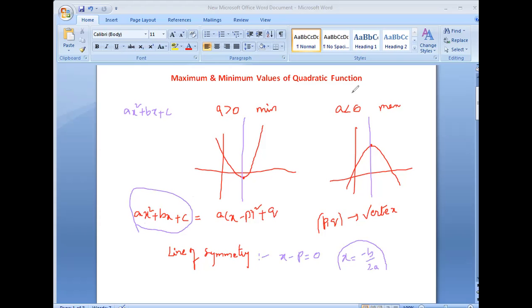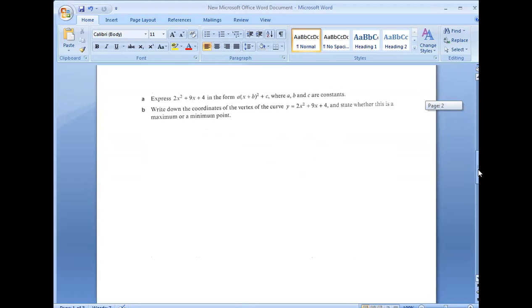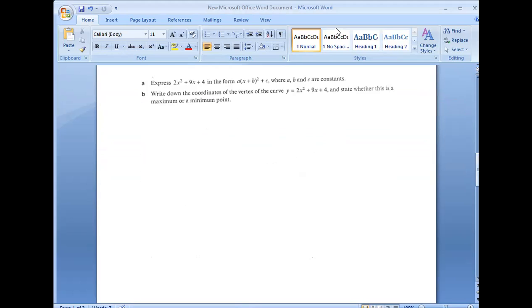Now we'll do some problems based on the maximum point and minimum point. I have taken two questions over here. We'll solve those two questions and you can understand how to find the maximum point and minimum point.